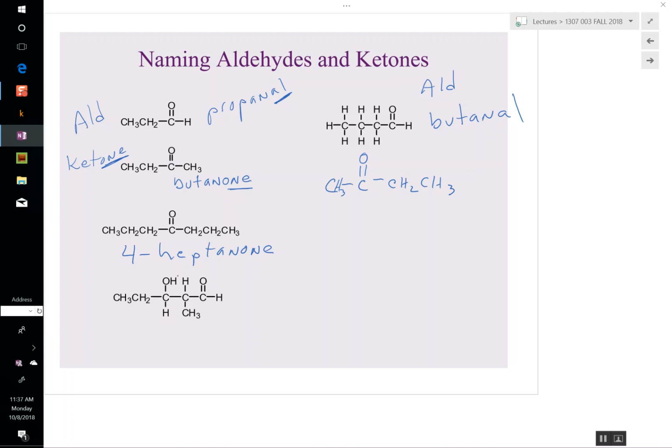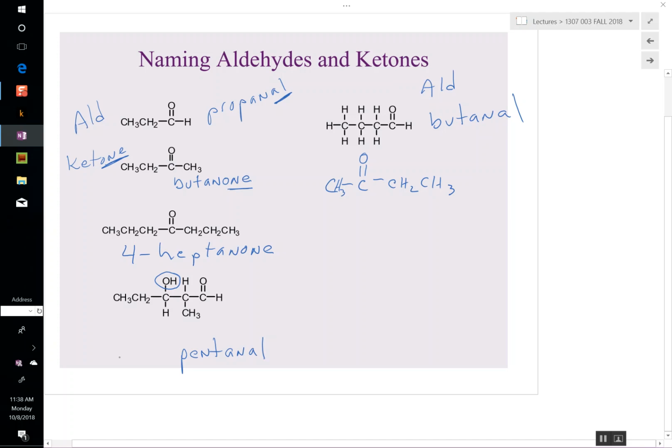So we're going to treat that as a substituent. And so let's see, how many carbons are there? 5. So it's going to be pentanal. So we're gonna stick with that as the parent name. It's a pentanal.